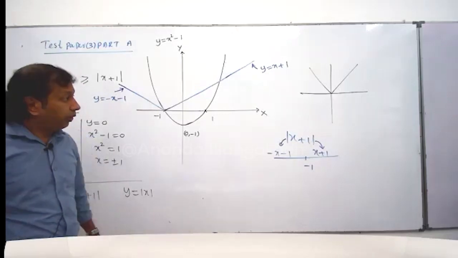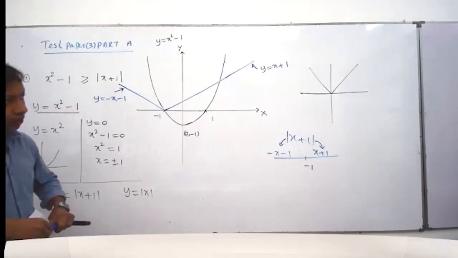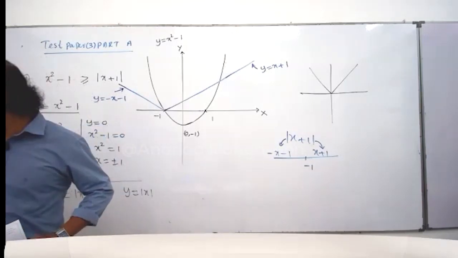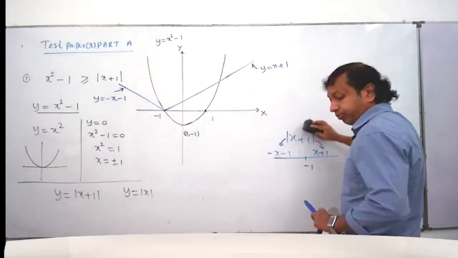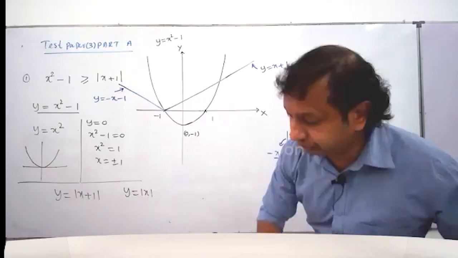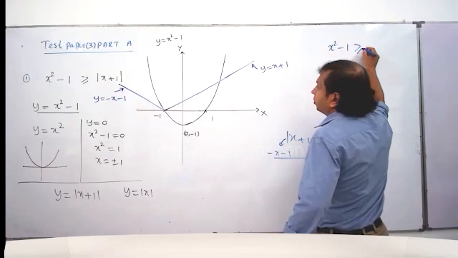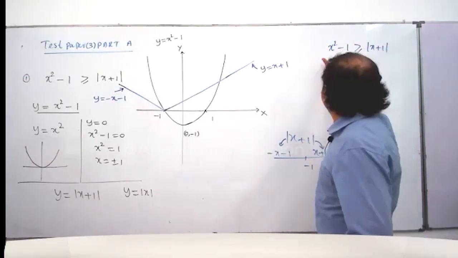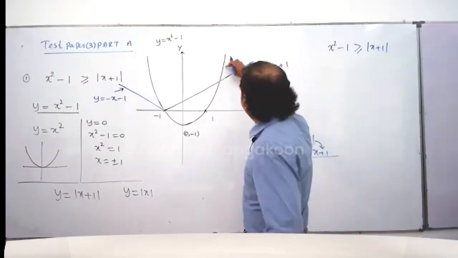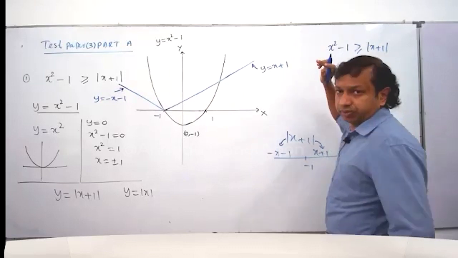Now, what is being asked? The range of x squared minus 1 greater than or equal to mod x plus 1. That means this black graph should be above or equal to mod x plus 1.